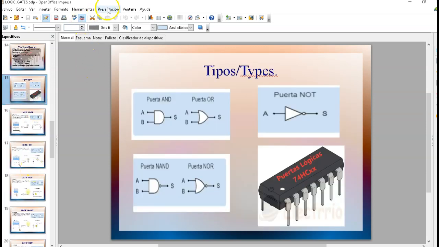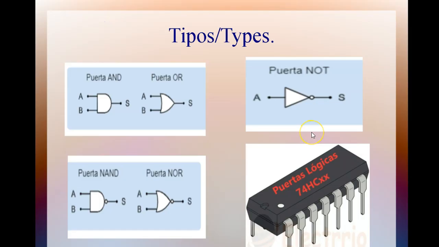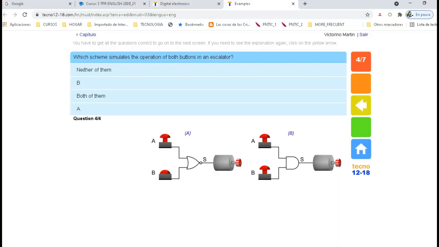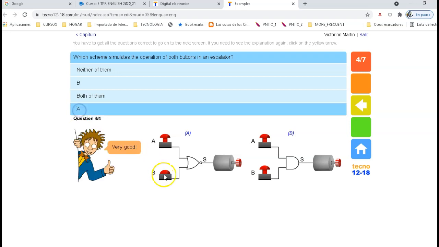You have to learn by heart these symbols. So, what is the symbol? What is the logic gate? The NOR gate. Very good. So the right answer, which scheme represents the escalator, is A.